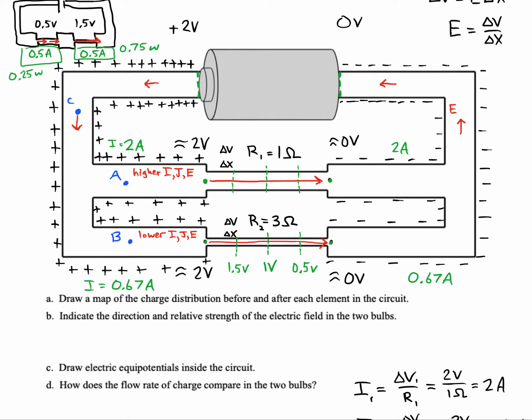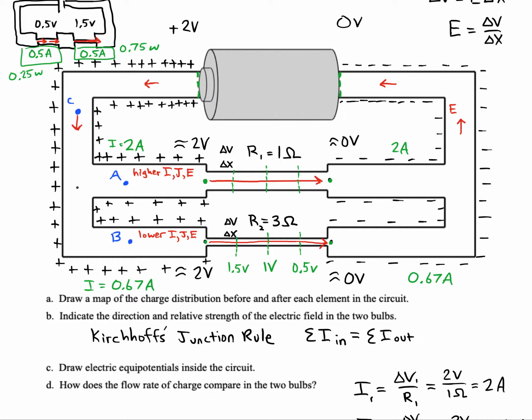It's a valid question. And the answer comes from a thing called Kirchhoff's junction rule. What Kirchhoff's junction rule says is that the sum of currents coming into a particular junction has to equal the sum of the currents that leave that junction.